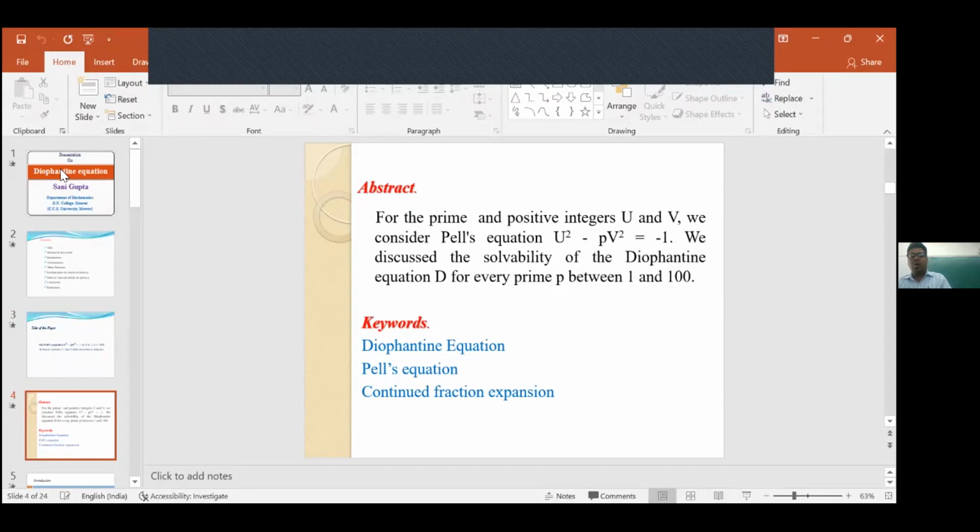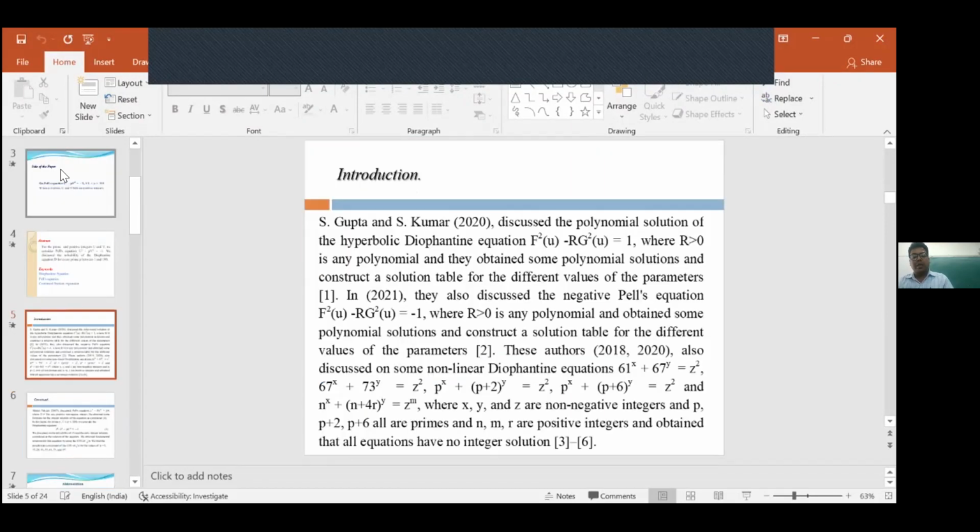We discuss the solubility of this Diophantine equation for every prime between 1 and 100. The keywords of this paper are Diophantine equation, Pell equation, and continued fraction expansion. And this is the introduction.